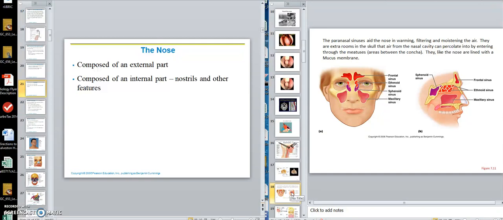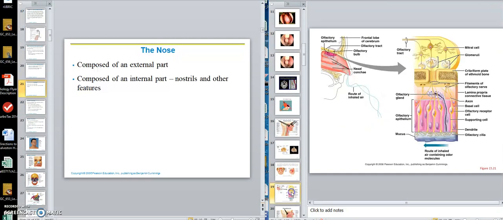All right? Let's go a step further. Now, we said that at the upper part of the nose is where you do the smell. So let's go back and think about our ANP1.